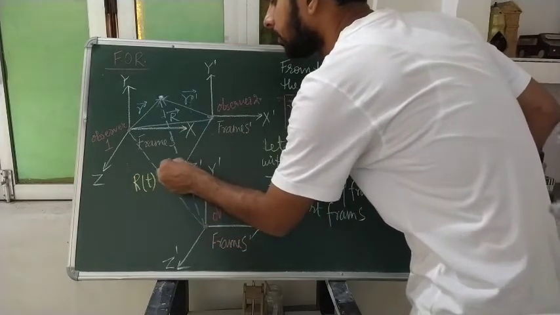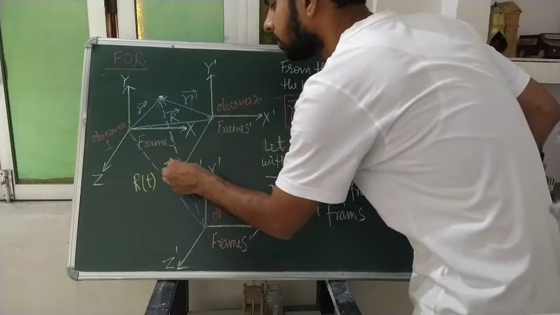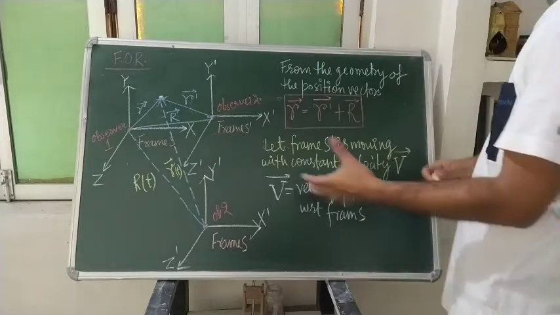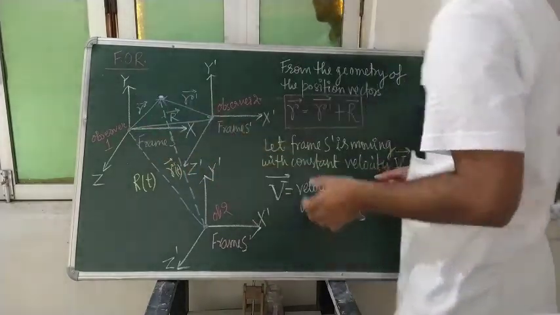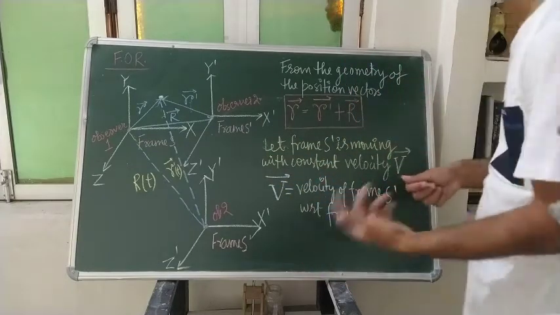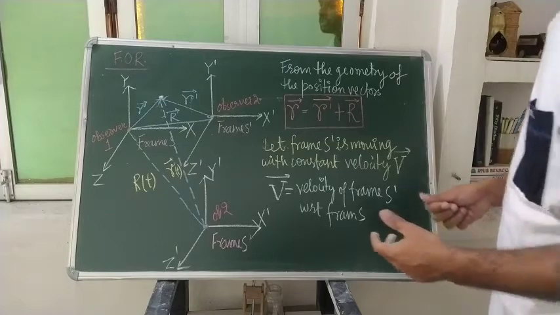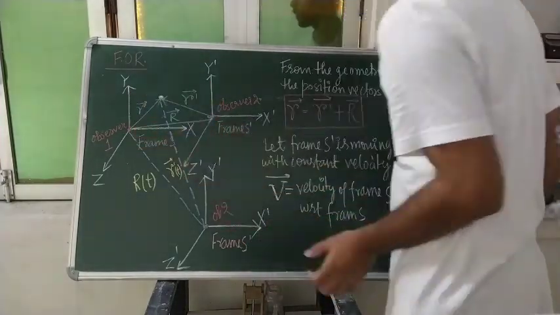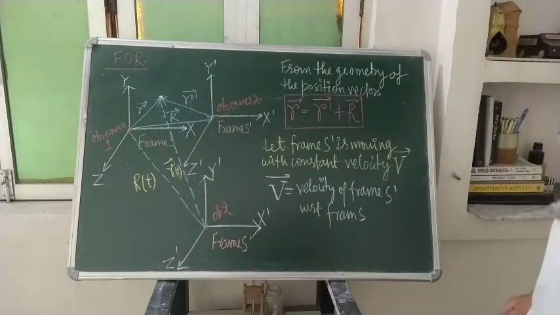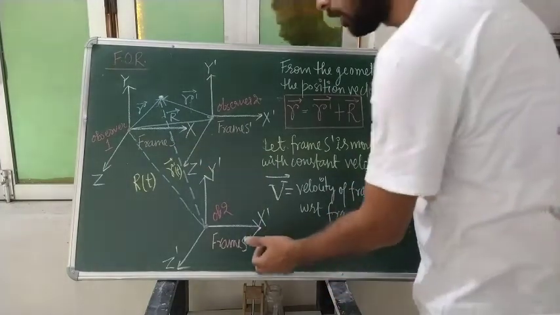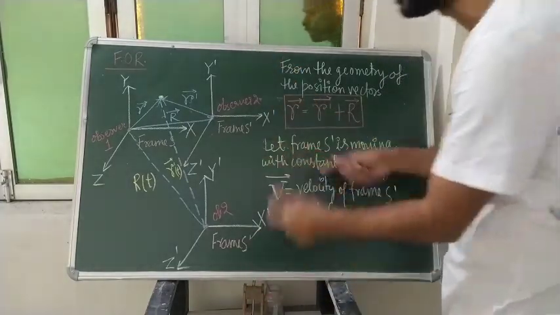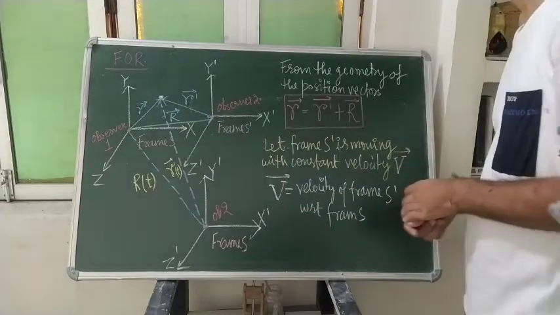The r prime vector also becomes a function of time when it moves. The small r vector is not a function of time when we look from frame S, but when we look from frame S prime, which is moving with constant velocity, it will also become a function of time.